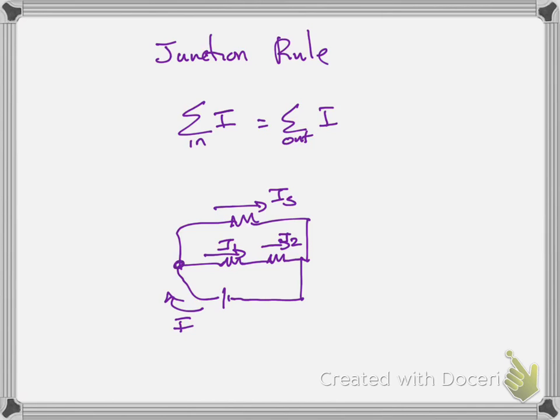Well, a junction is where there's a split. At this junction, all the current into that junction, which is just I, must equal the current out of that junction. The current out of that junction is I1 and I3. So I equals I1 plus I3. What is I2 though? Is I2 and I1 coming out of that junction?